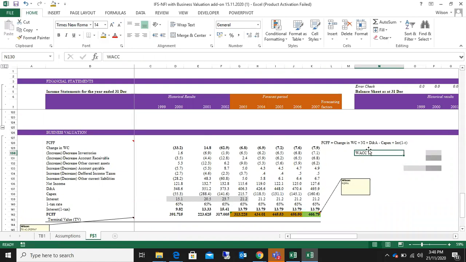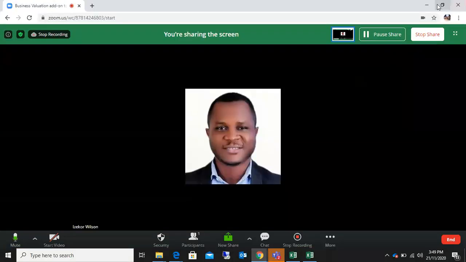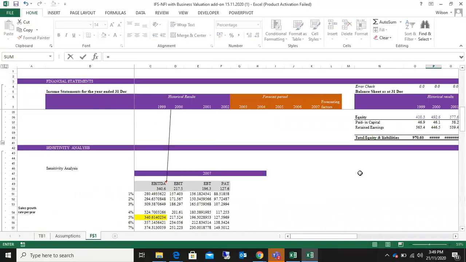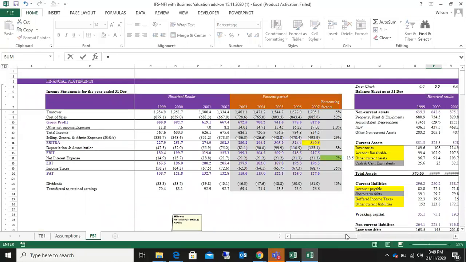Now, for us to calculate the weighted average cost of capital, the first thing we have to do is we need to get the equity value, and we need to get the debt value. So equity value, you go up, right?